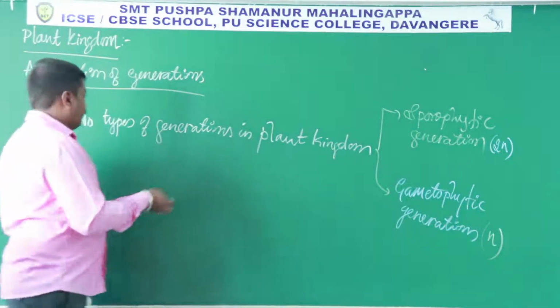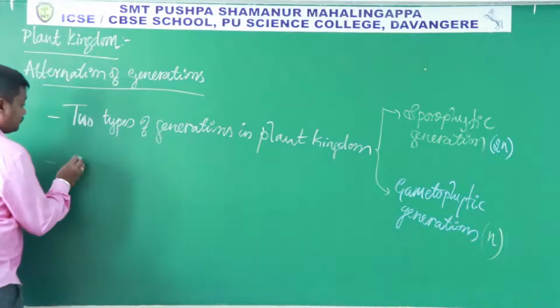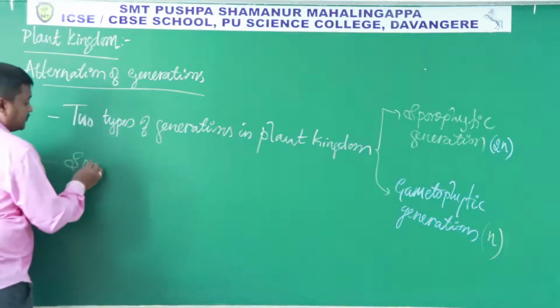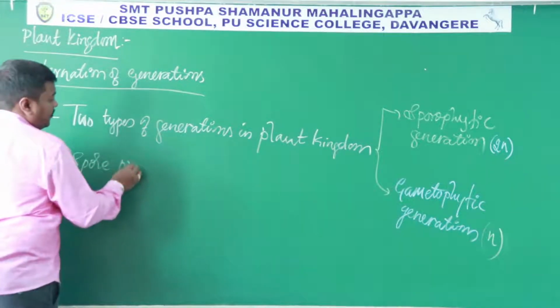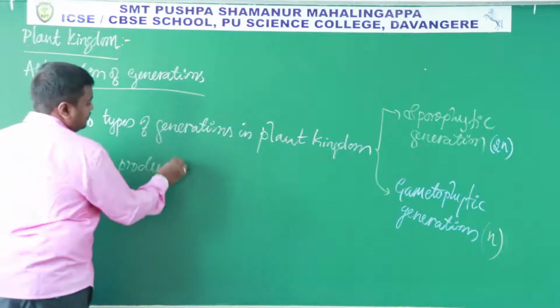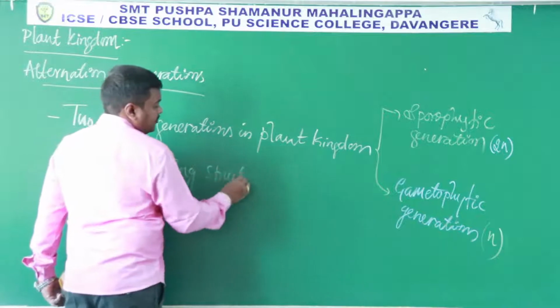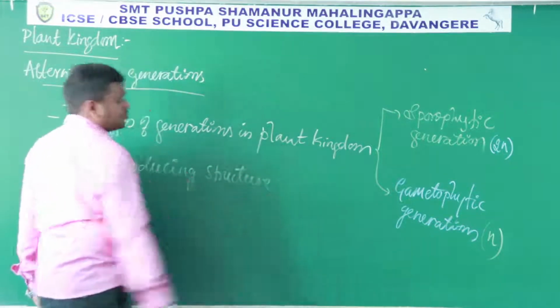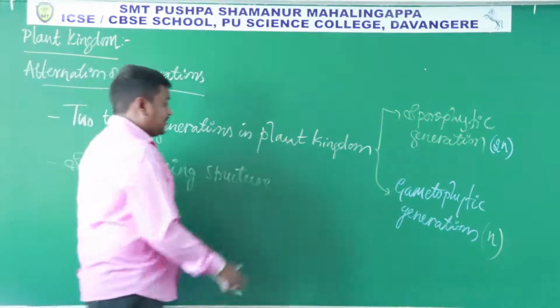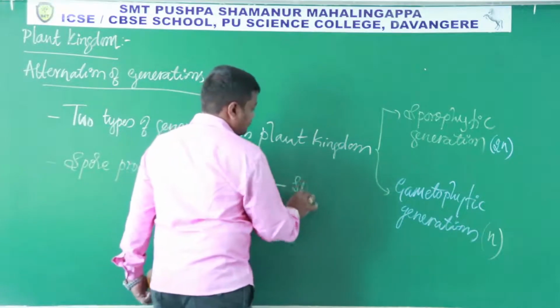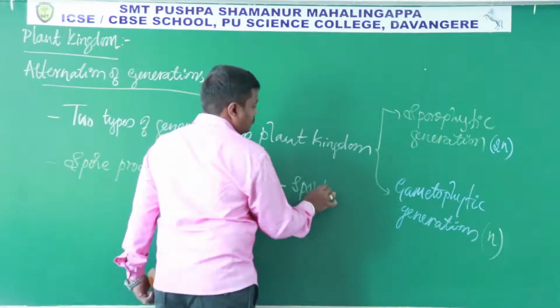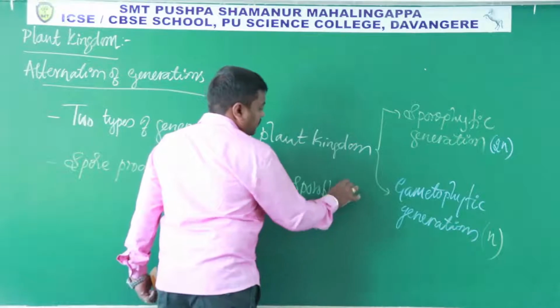Then what is the sporophytic generation? The spore producing structure is the sporophyte.